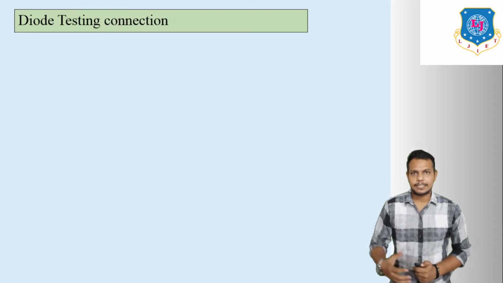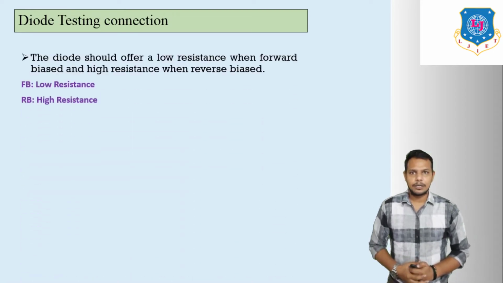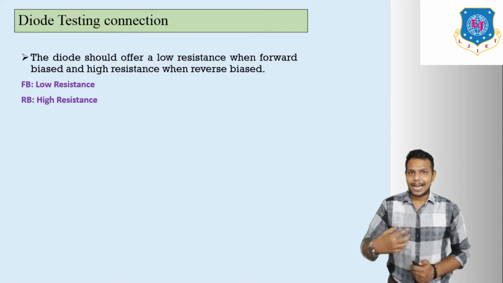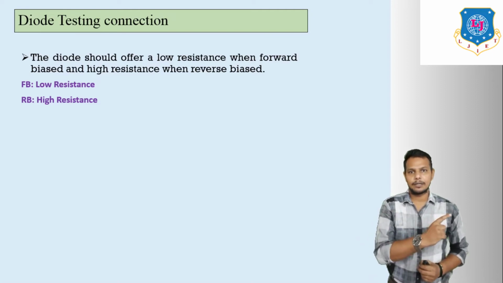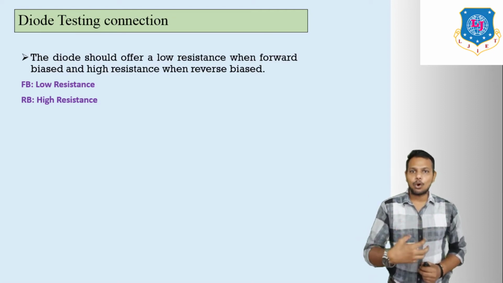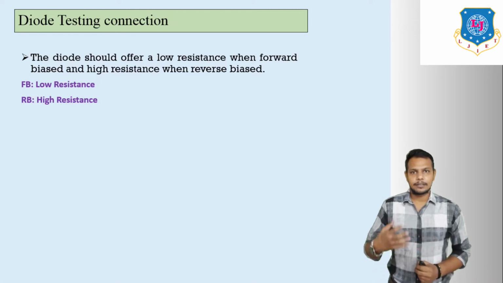Next, this is the diode testing connection. The diode should offer low resistance when it is in forward bias and high resistance when it is in reverse bias. When the diode is in forward bias, it becomes a closed loop, that means current flows through that terminal and it allows the flow of current, so the resistance is low.